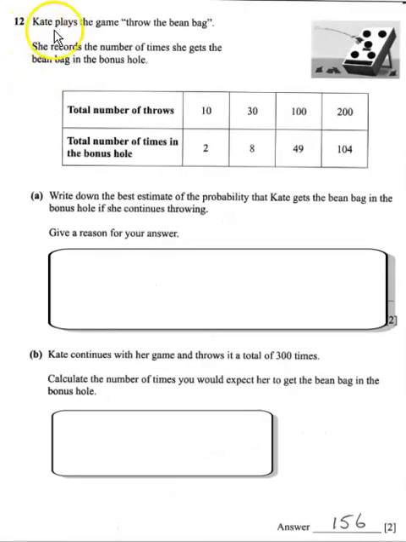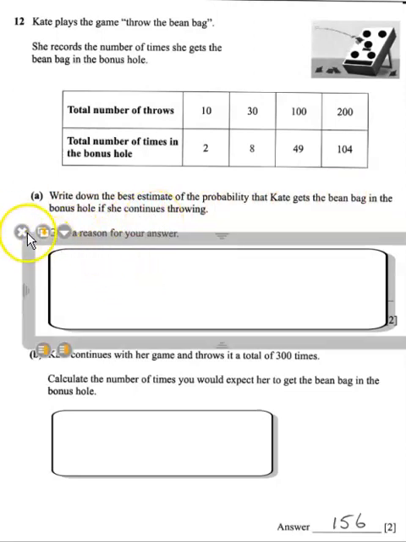Question 12, Kate plays the game Throw the Beanbag. She records the number of times she gets the beanbag in the bonus hole. So basically, she threw it 10 times and got it in the bonus hole twice. And this is how it's been written down in this table here. So write down the best estimate for the probability that Kate gets the beanbag in the bonus hole if she continues throwing, and give a reason for your answer.